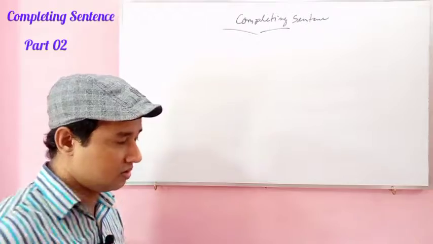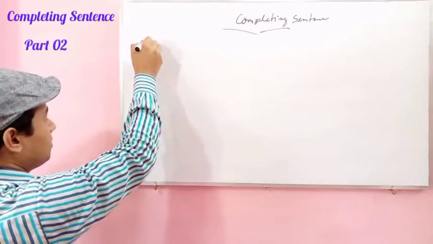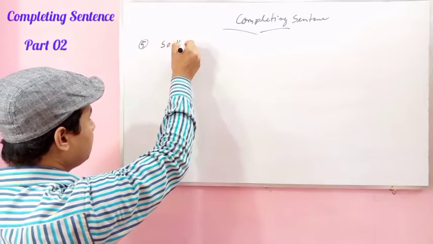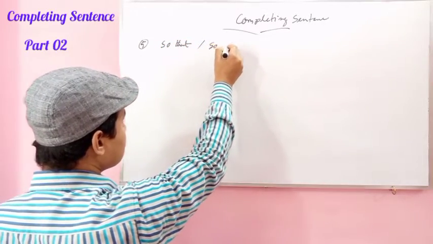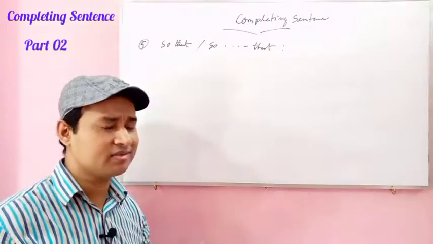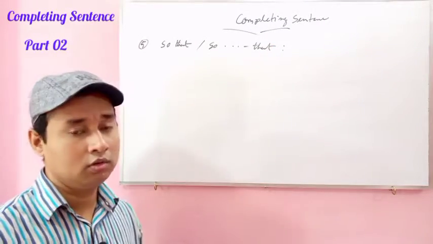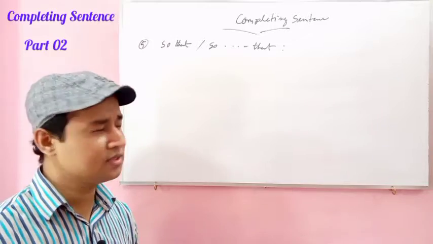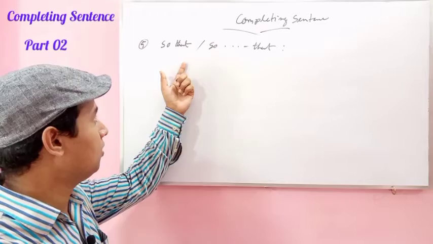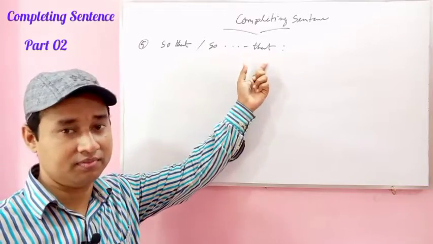Now I will discuss the 5th technique: so that and so...that. There is a slight difference between these two linkers. So that is used mainly in affirmative and so...that is used mainly in negative.